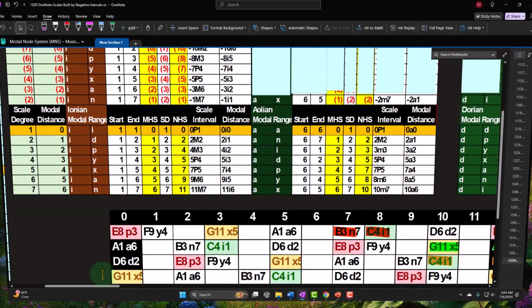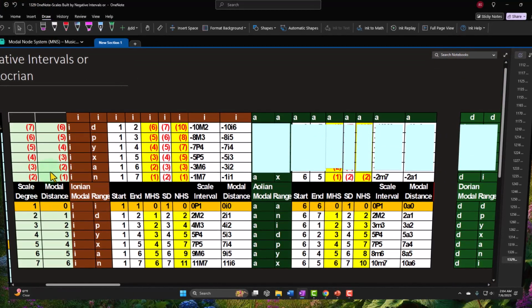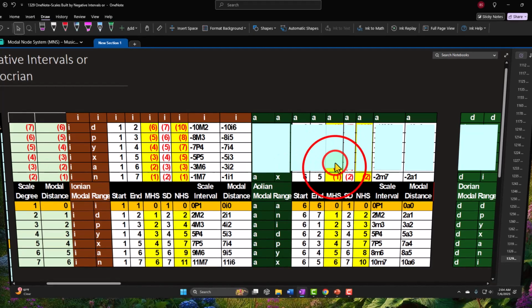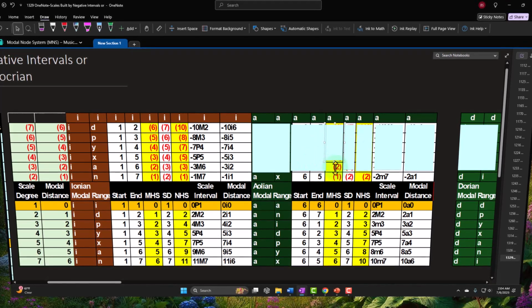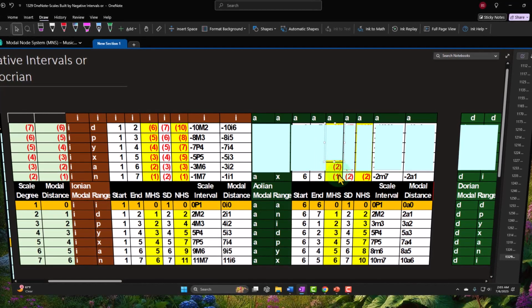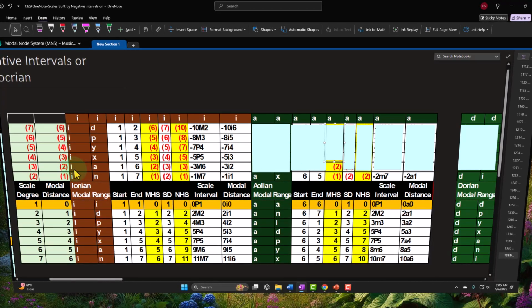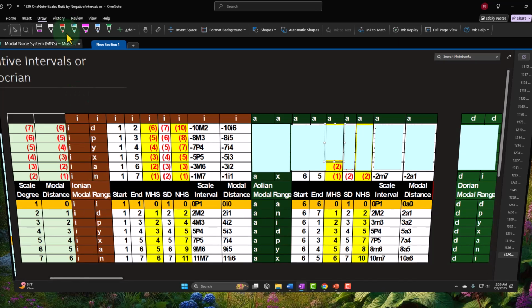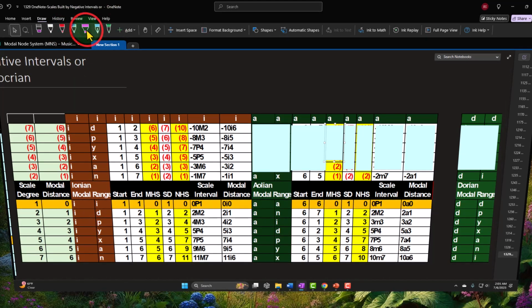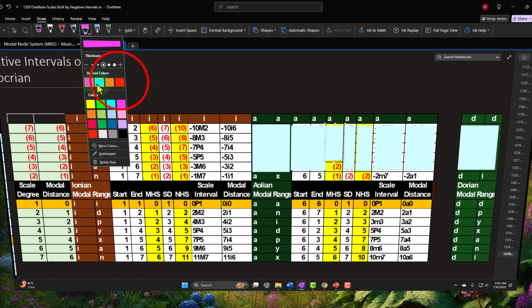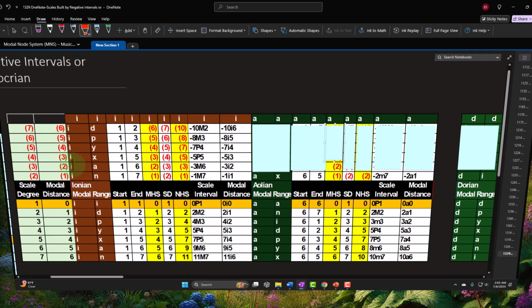All right, let's do the next one. We're going to go from the Aeolian and we go 2 back. So let's first look at the Ionian. If I go from the Ionian 2 back, I get to the Aeolian. Let's make this one red, just so I can see this going across.